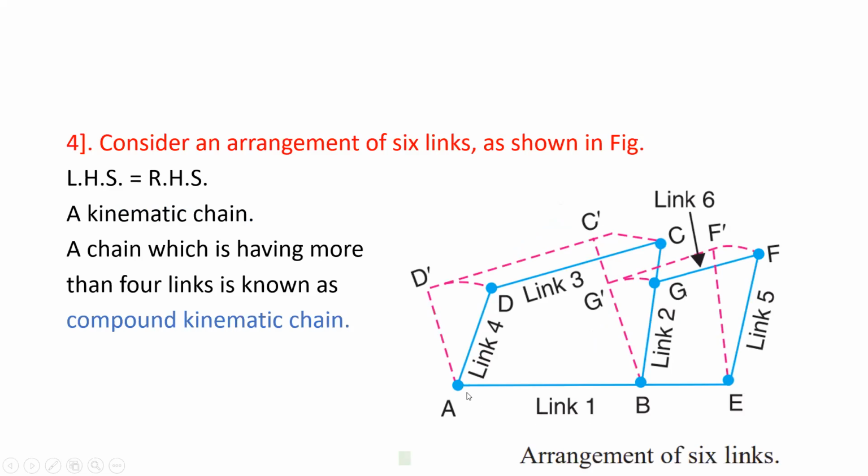If you see it properly, you will see that A, B, E is only one link, A to E. At one point on this link, that is at point B of the link AE, this particular link BC is connected, and again at one point of the link BC, another link GF is connected.